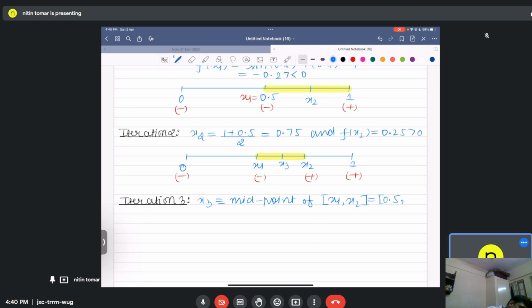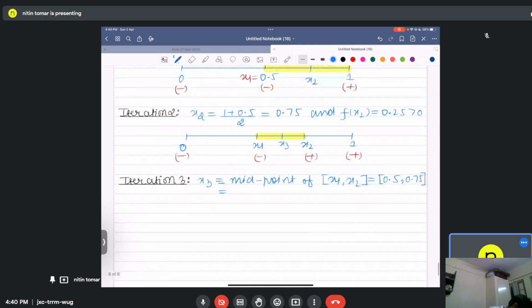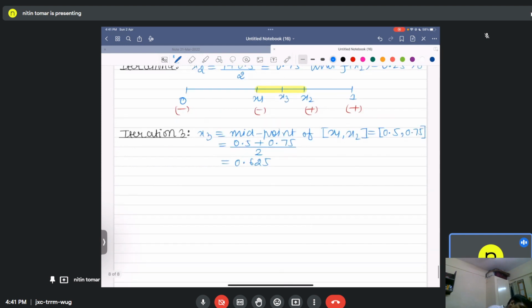And x2 is 0.75. So its midpoint will be 0.5 plus 0.75 by 2, which will be 0.625. And if you compute f of 0.625, we don't need to compute it, right? We just need to find the third iteration.